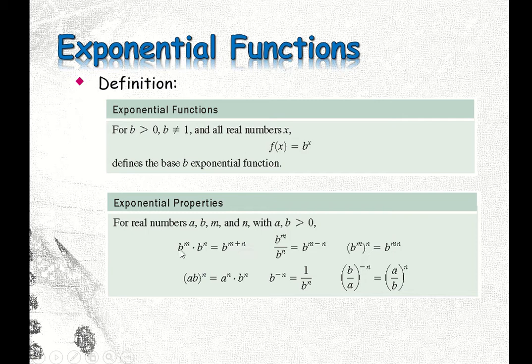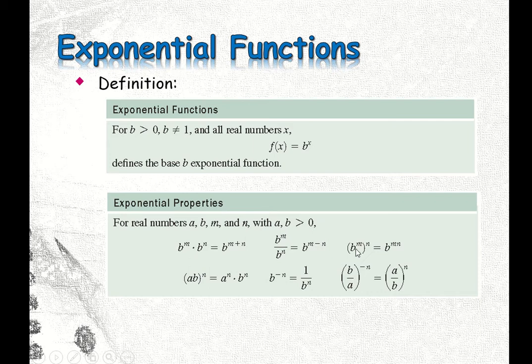So if you are multiplying numbers of the same base, we just add their exponents. Another one is if you divide a number with a base b by another number with the same base b but a different exponent, we subtract the exponents but write only one base, so b raised to m minus n.